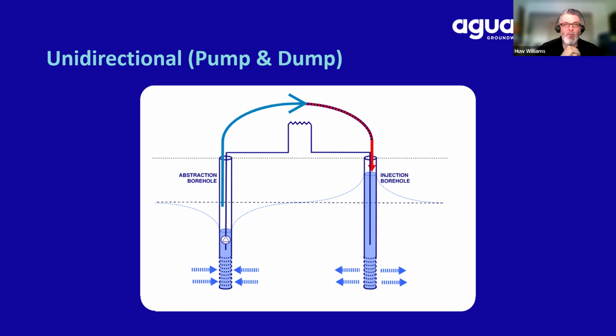It comes by many names, but essentially this is a ground source heat pump system where we have a dedicated abstraction borehole and a dedicated injection borehole. Also, it's worth mentioning that today I will only be talking about an open loop system that abstracts and injects to the same aquifer. There are other types, but I would suggest that this is probably the most common and simplest form of unidirectional open loop ground source heat pump system.